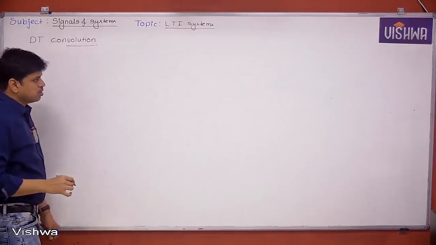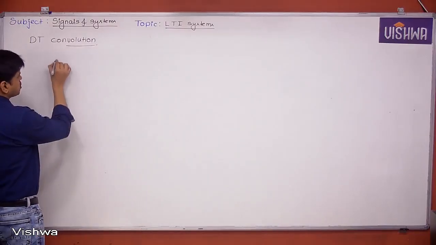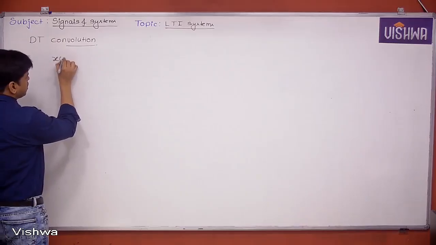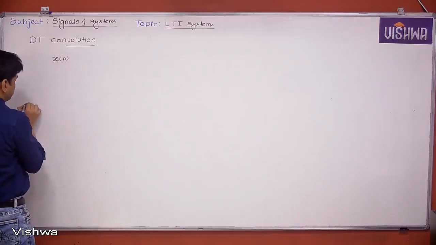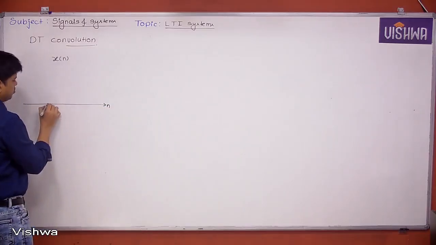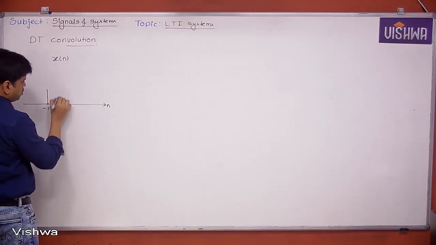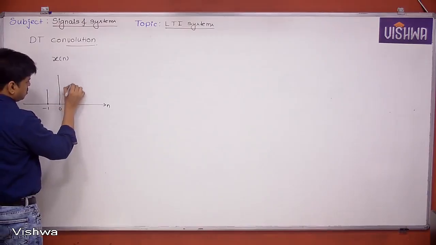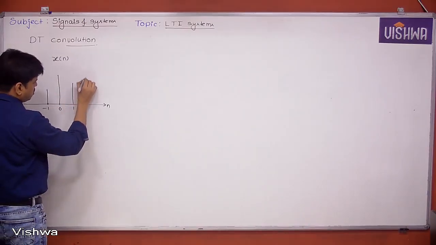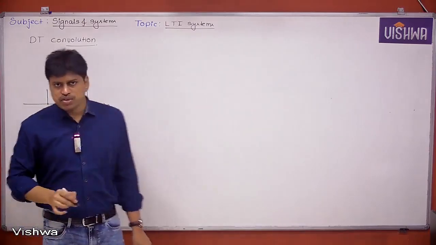Okay. Before trying to understand convolution, suppose a signal x of n, which is the input, defined at -1, 0, 1, 2. So this is x of n which is given.